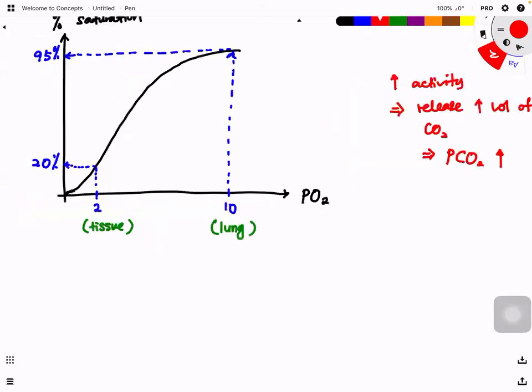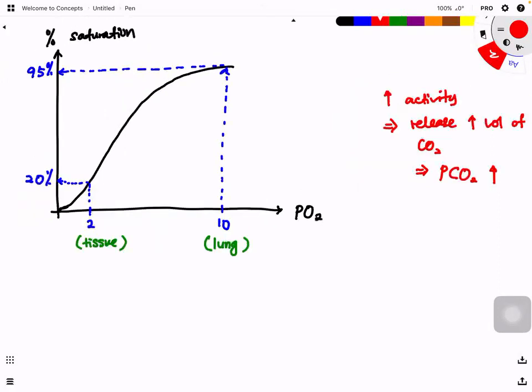Then you can see that this graph will shift to the right. Use orange color. Okay, so can you see that it's shifted? The graph actually shifted to the right.